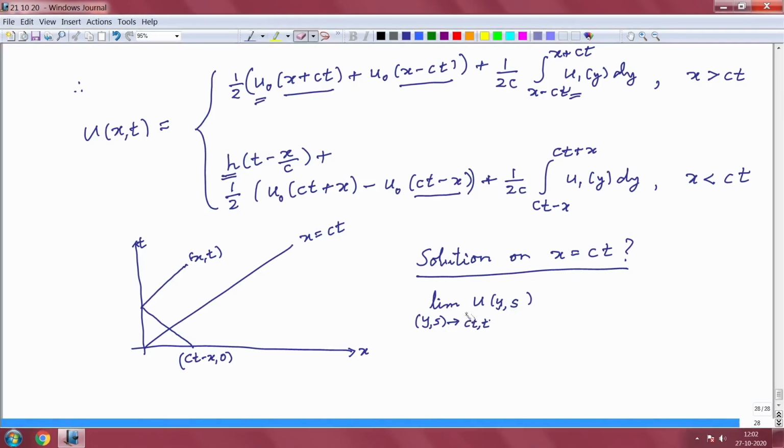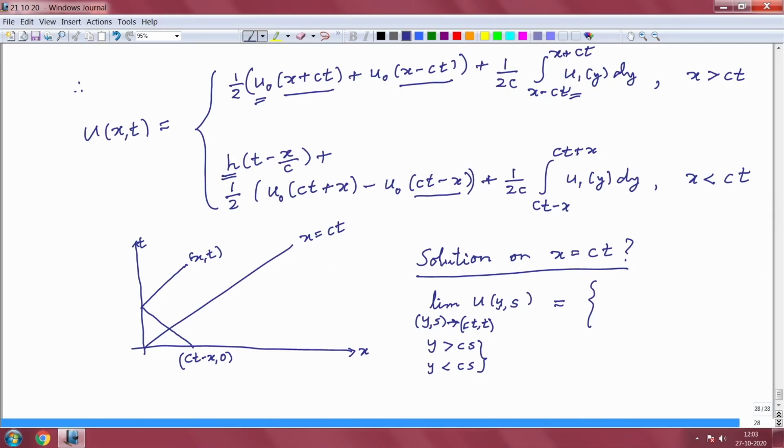The only condition is that we are taking the limit when y is bigger than cs and y less than cs. So, you have to take two limits now. Okay. So, when y is bigger than cs, we are in this region. So, when you approach (y,s) to (ct,t), this goes away, x is ct.